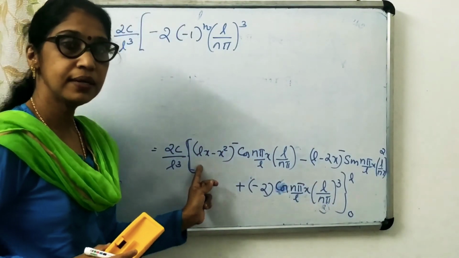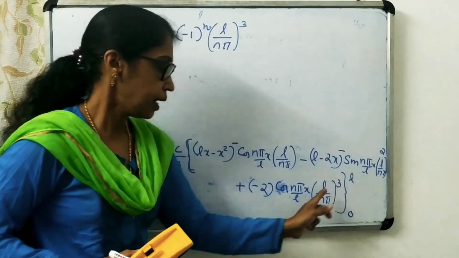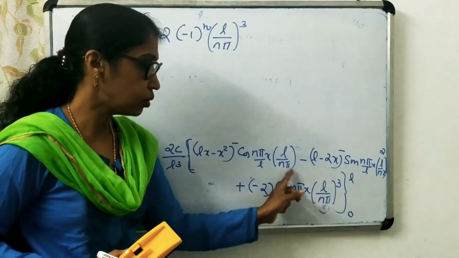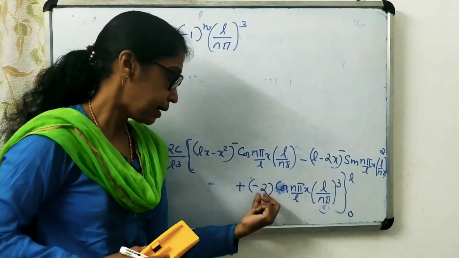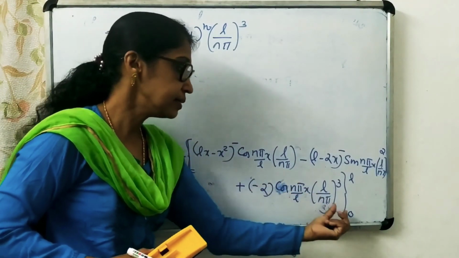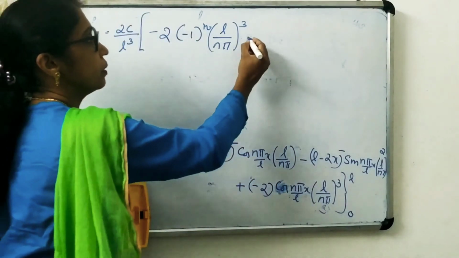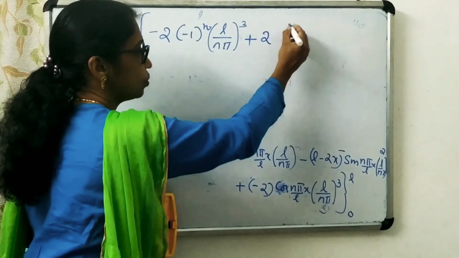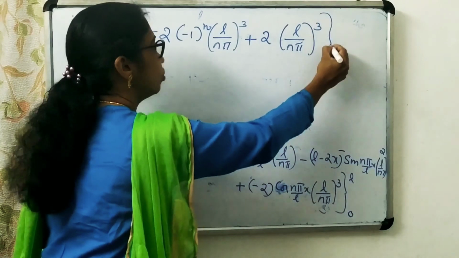Putting 0 here, this becomes 0. This sin 0 also becomes 0. And here this becomes cos 0, putting x equal to 0 we get cos 0, and the value of cos 0 is 1. Now this minus sign and the negative sign of the lower limit both combine to become plus. So plus 2 into (L by n pi) the whole cube.